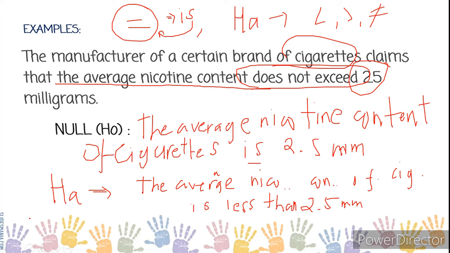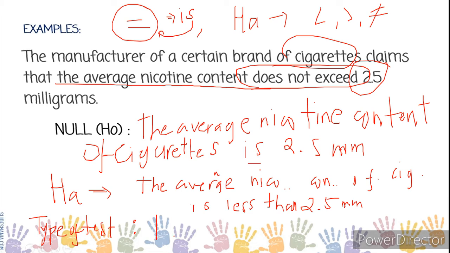Next is yung type of test na, yung kanyang hypothesis. So yung type of test niya, sabihin niyo sa akin kung one-tailed or two-tailed. One-tailed ba or two-tailed yung ating example? One-tailed po.